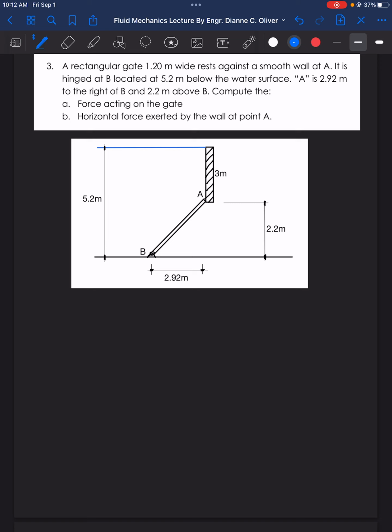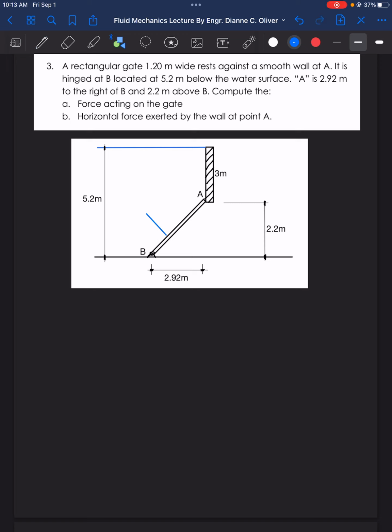When you submerge any body, the force acting on the surface of the object is always perpendicular. Therefore, the force here is acting perpendicular.